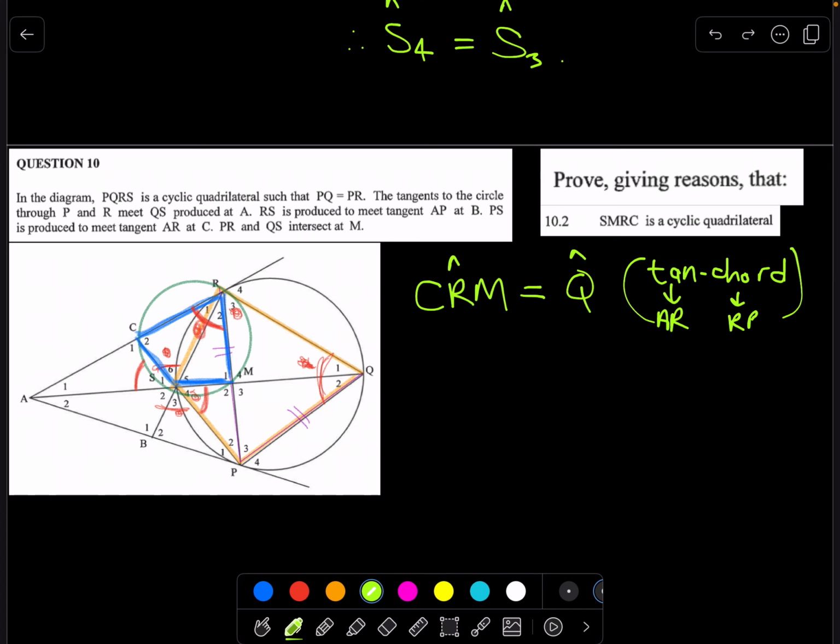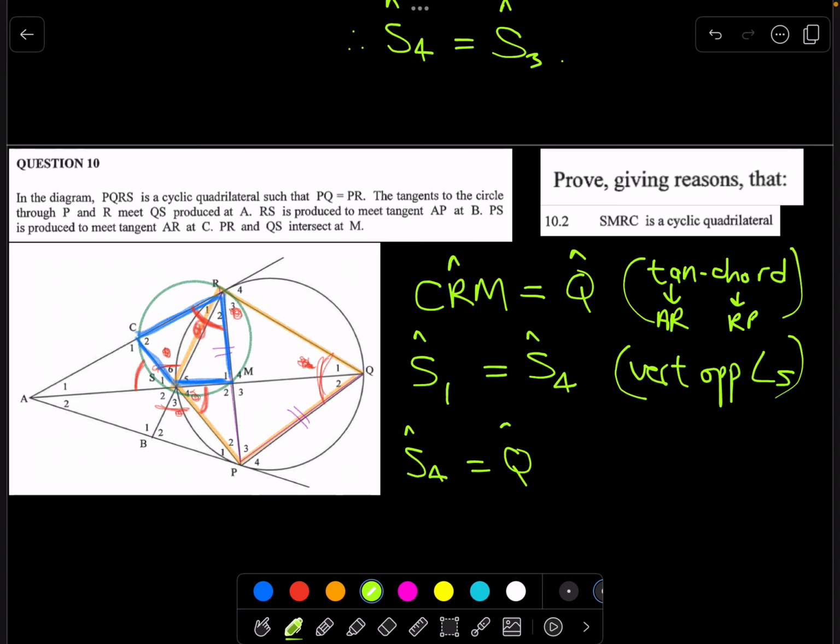We also know that S1 is equal to S4 because vertically opposite angles. And we know from previously that S4 is equal to Q, previously shown.